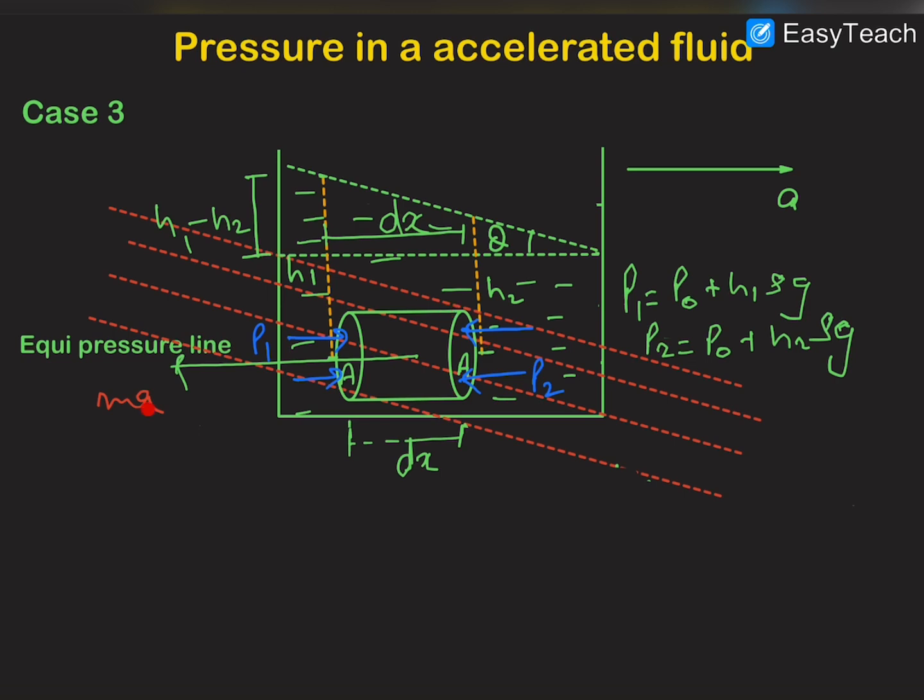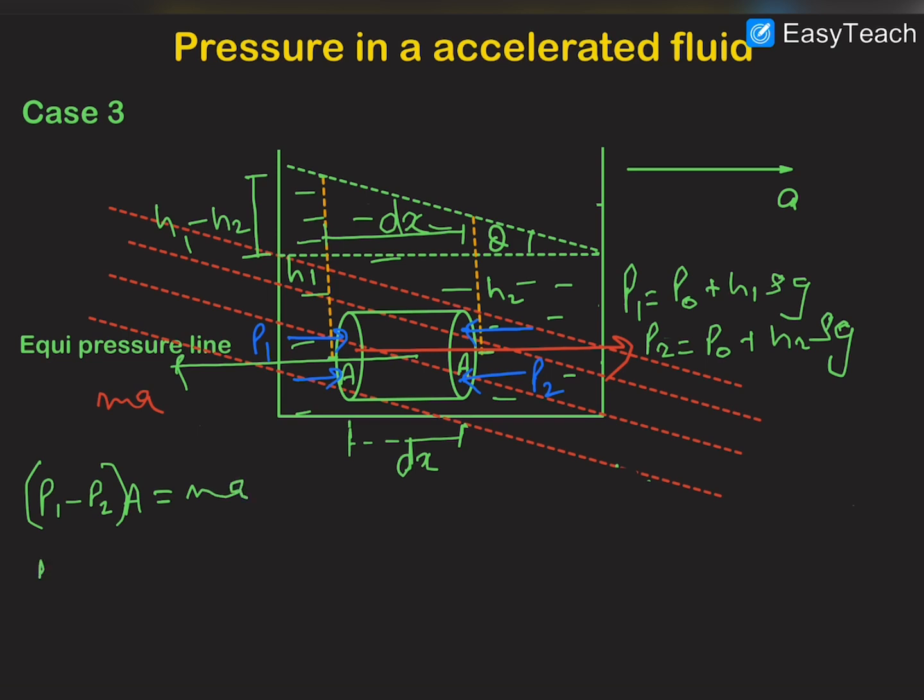So to balance this ma, the pressure at this side P1 would be greater than the pressure at this side P2, so that a net force due to pressure is developed in the forward direction. That net force will be equal to P1 minus P2 into the area of the cylinder, and it would be balancing ma.